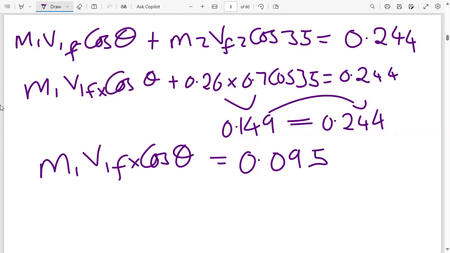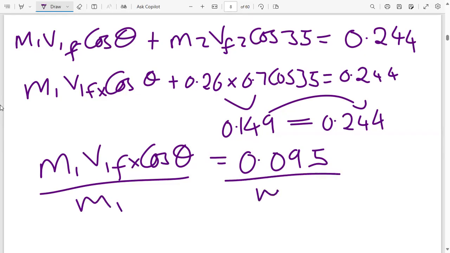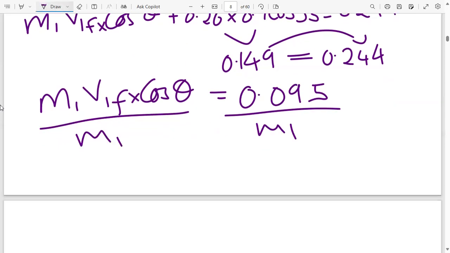Then what do I have here that I can divide on both sides of the equation? I have m1. I divide by m1 on both sides, because I only want to remain with the things that we don't have. So I'm going to have v1 final in x, cos theta, equal to 0.095 divided by the mass of 1, which is 0.215.